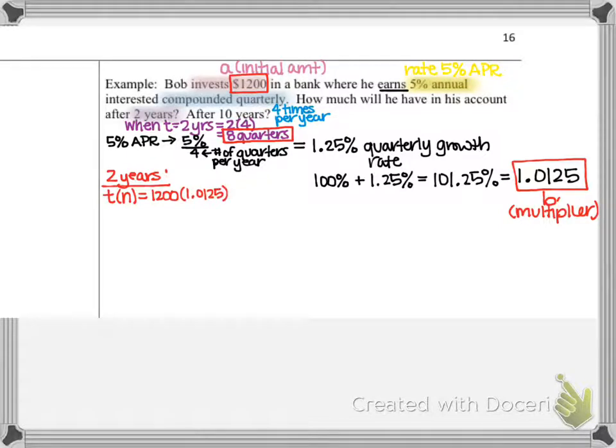And since that's a quarterly multiplier, we want to do that per quarter over the time frame. So if I'm talking about 2 years, I go back to how many quarters that is, and that is 8 quarters. So I now have my equation to figure out how much money Bob's going to have after 8 quarters of compounding.